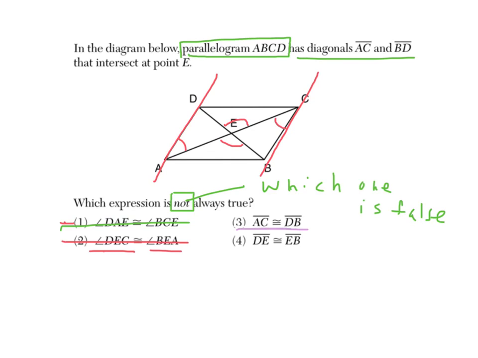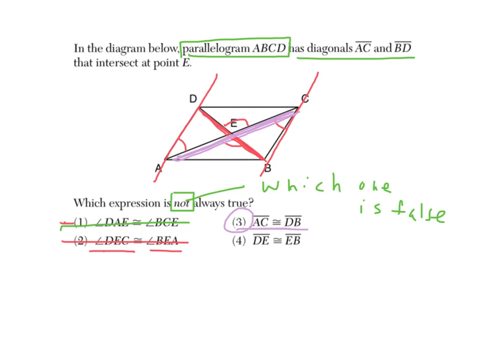Choice 3 says that A to C, that diagonal, is the same as D to B. D to B looks definitely shorter than A to C. The only time they would be the same length would be if it was a square or a rectangle or an isosceles trapezoid.